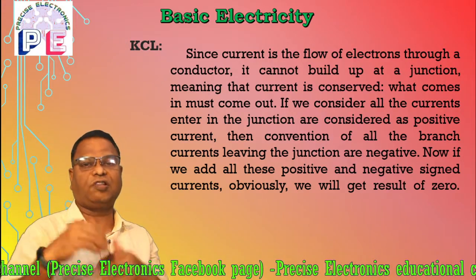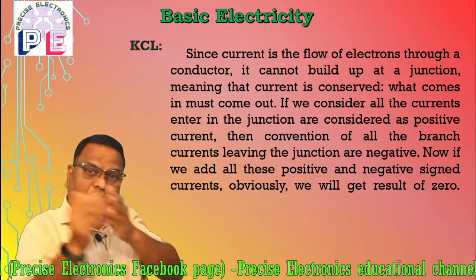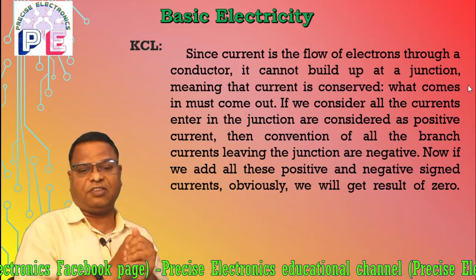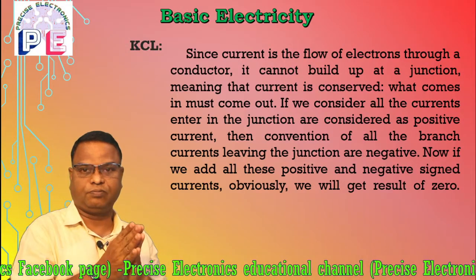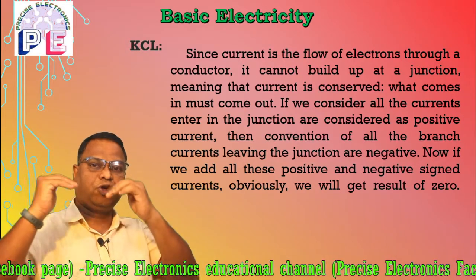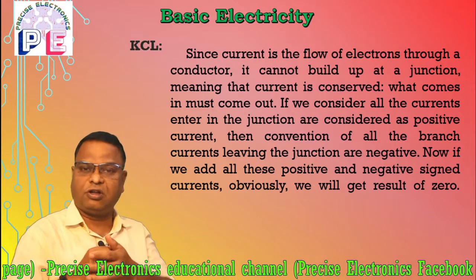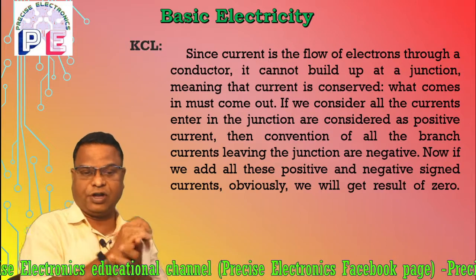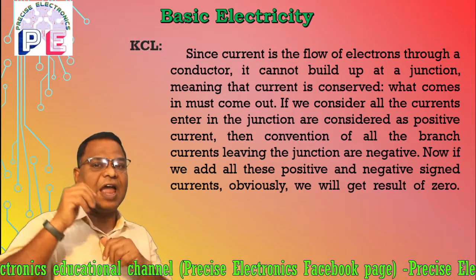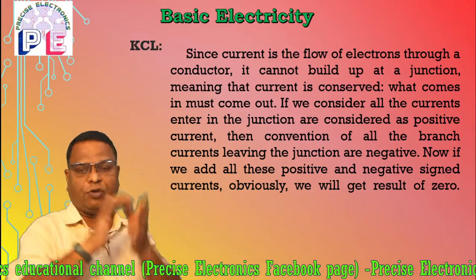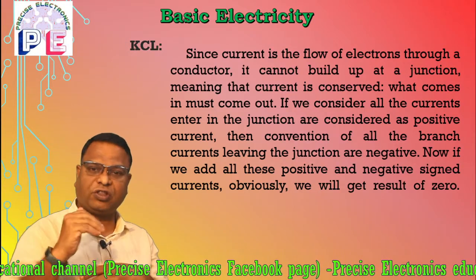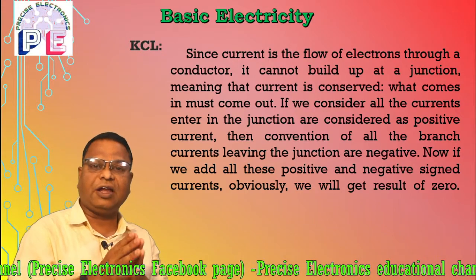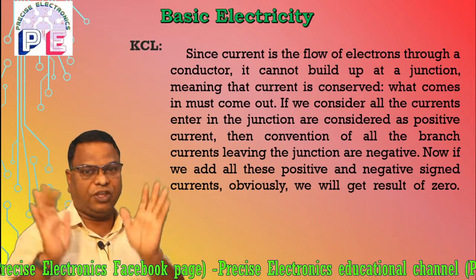Current moving away from the junction, or leaving the junction, is considered negative. If we add all these positive and negative currents, we obviously get a result of 0.